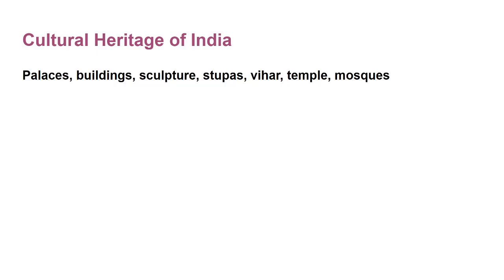Mughal emperors built many palaces, buildings, forts, gates. Even historical places of our freedom movement like Sabarmati Ashram, Dandi, Bardoli, Wardha, Shantiniketan, Delhi, etc. can also be considered as a part of our cultural heritage.